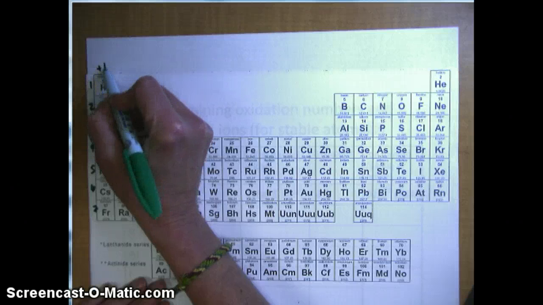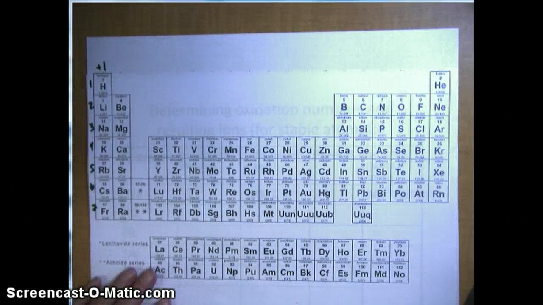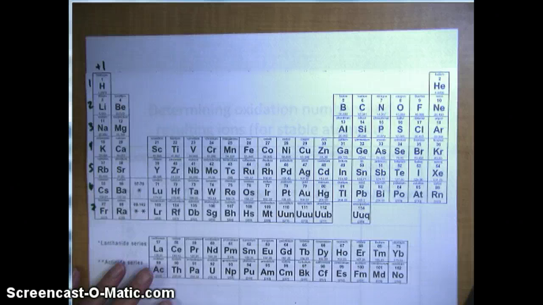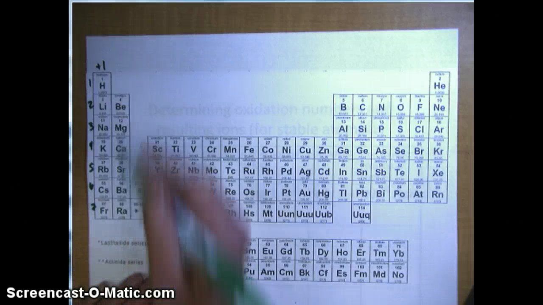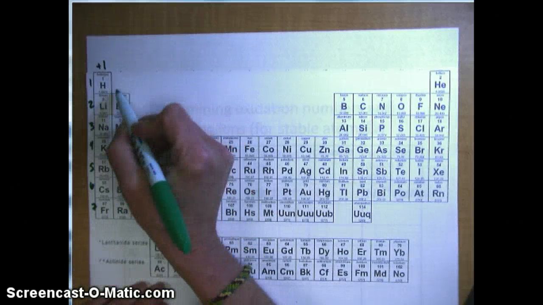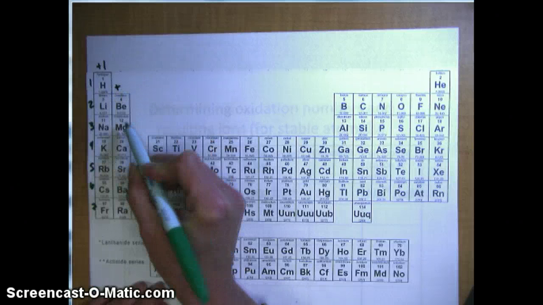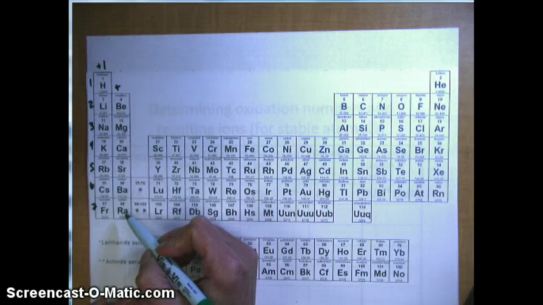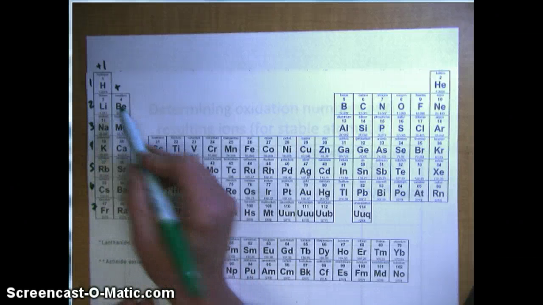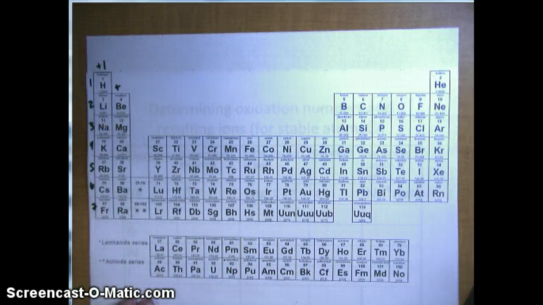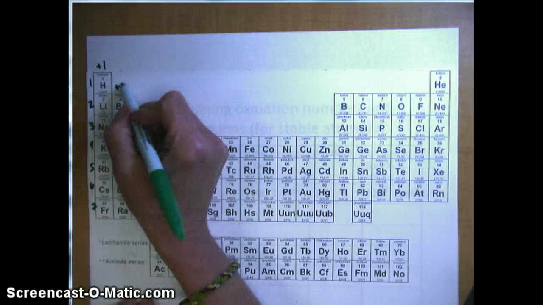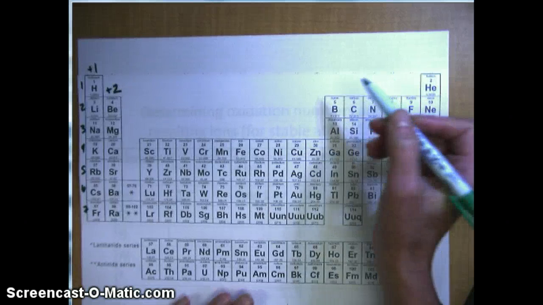They're going to lose that and become a positive one ion, so oxidation number is positive 1, so write that on the top of that family. The beryllium group, or alkaline earth metals, has 2 valence electrons. It wants 8, so it's easier to lose those 2 negatives and become positive 2.